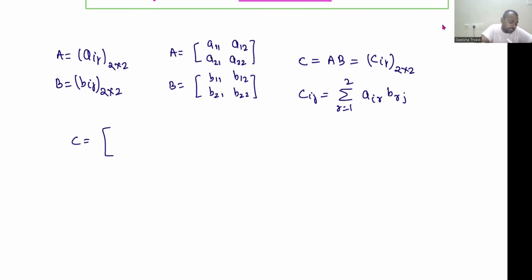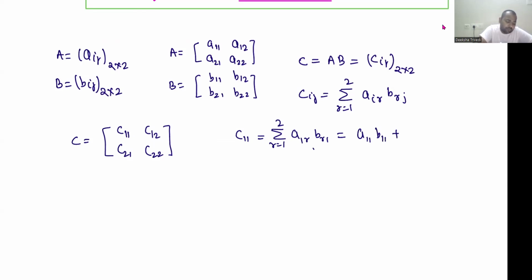C matrix is nothing but C11, C12, C21, and C22. Now what is C11? C11 is nothing but sigma k equal to 1 to 2, A1k, Bk1. Now if we substitute k equal to 1, A11, B11.